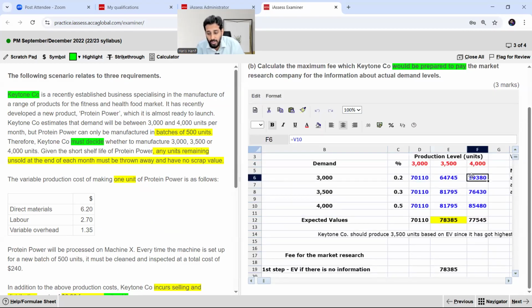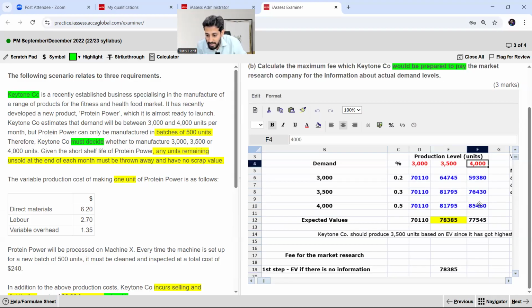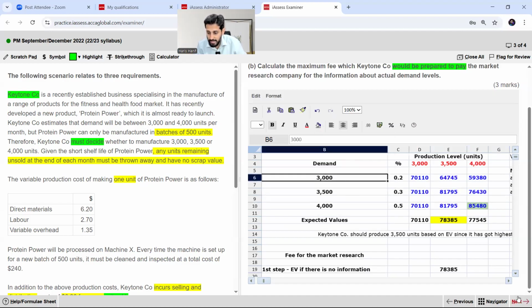At 4,000, the best is 85,000. So if I'm a risk seeker, I will go towards this option, the best out of the best. This is called the maximax.